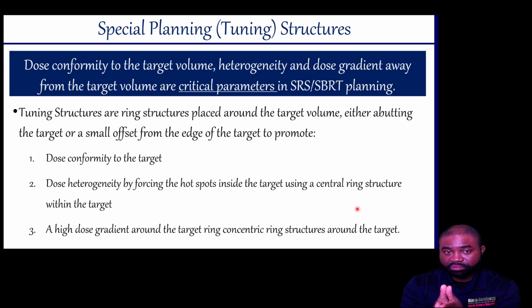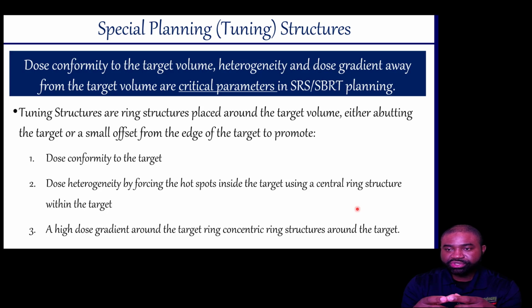But also, because of the proximity of the cord and other OARs, we also want a steep dose gradient. Typically, the decline from D90 to D20 occurs in about 1.5 to 2 millimeters.